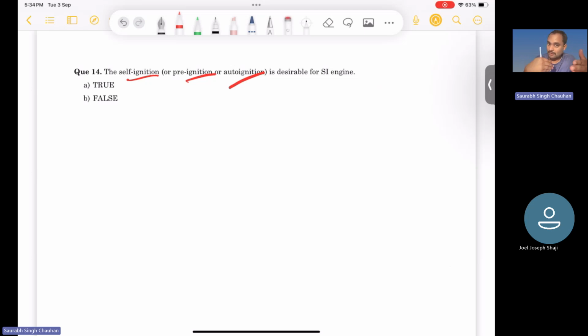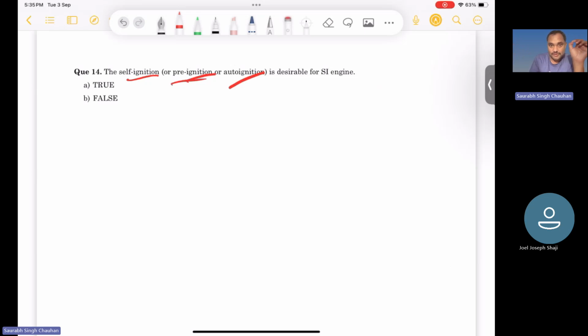It is becoming hotter and hotter, but the spark plug action has not yet taken place. But something stuck inside the cylinder that was very hot can act like a source of ignition, and you will have no control over that. So that is pre-ignition or self ignition. You do not want that. You want the ignition to take place just because of the spark plug. So that is not desirable.